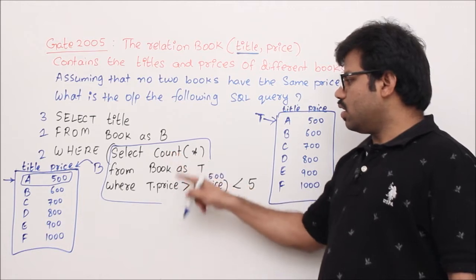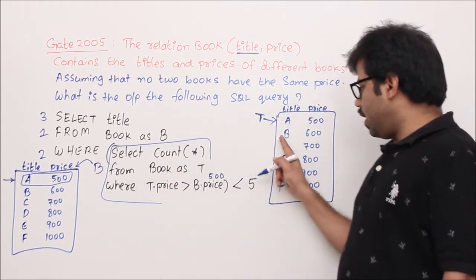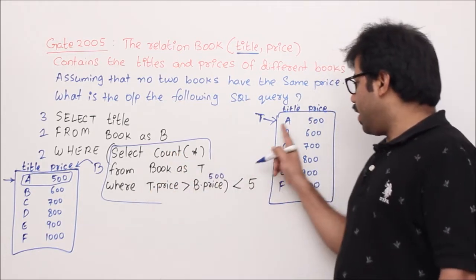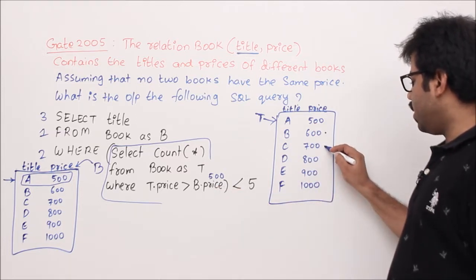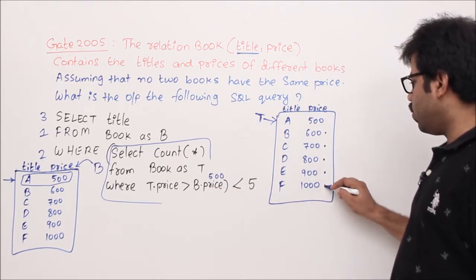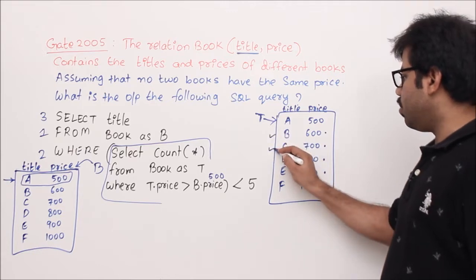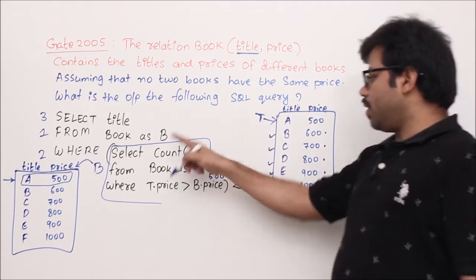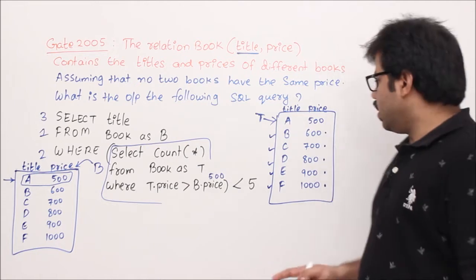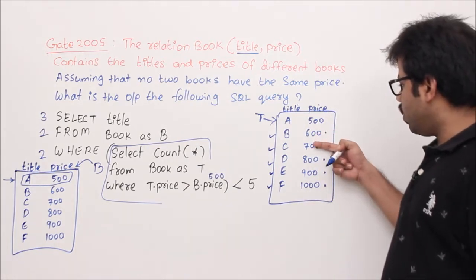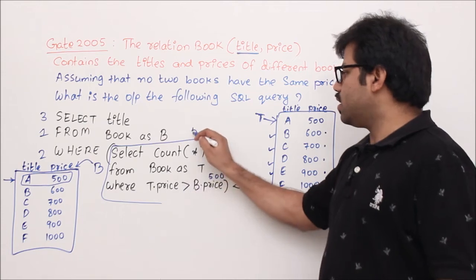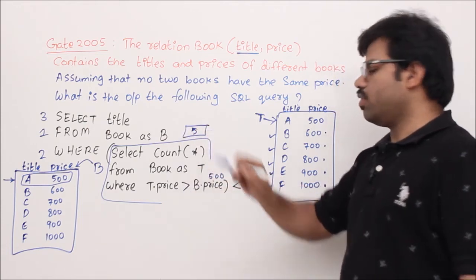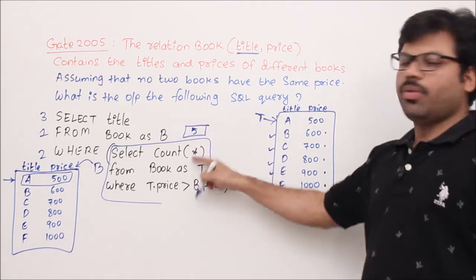So count the tuples from book T where T dot price is greater than 500. 600 is greater than 500, 700, 800, 900, 1000. So all these tuples will be selected because of this query execution. Then what is the count of such tuples? 1, 2, 3, 4, 5. Finally this query's output is a single tuple, that is 5, right, because of the aggregate operator.